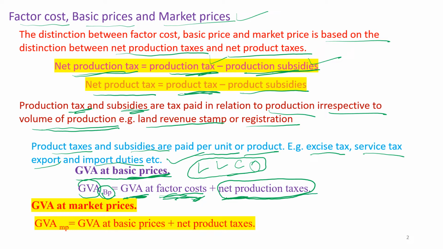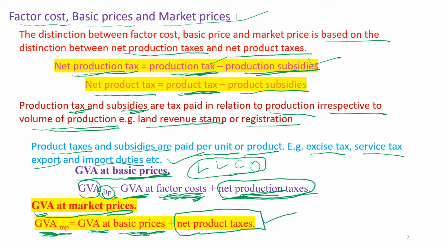Then how to arrive at gross value added at market price? Gross value added at market price is equal to gross value added at basic price, which you get after adding net production tax to factor cost. You will get basic prices. To these basic prices, you have to add net product taxes.